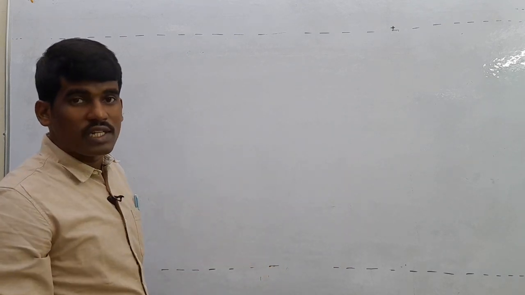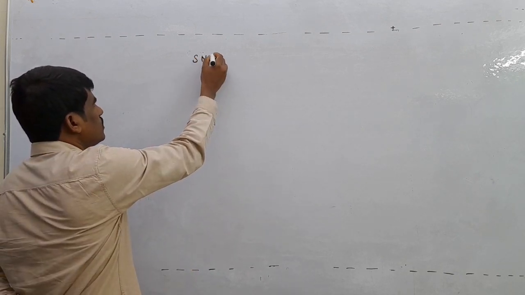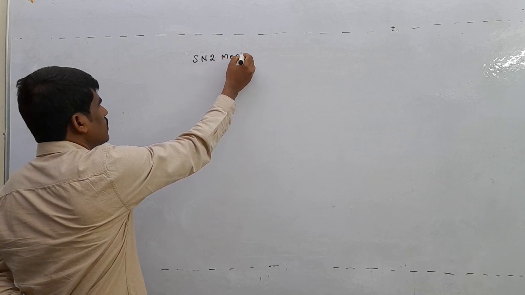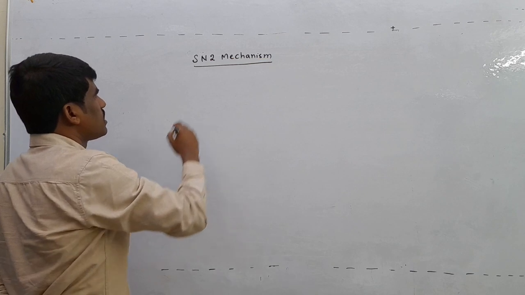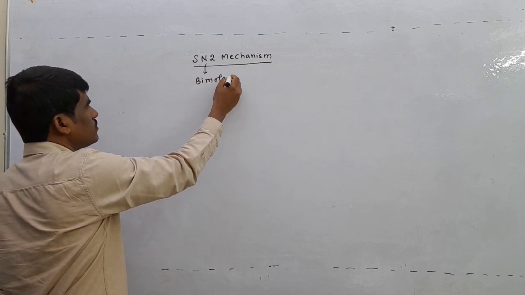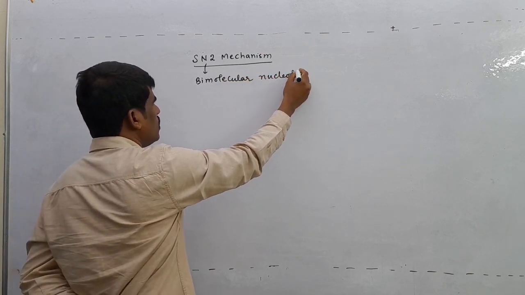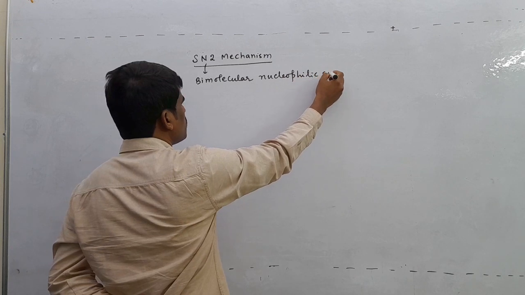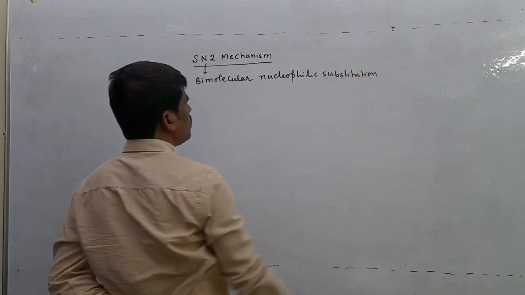Next we have the SN2 mechanism. SN2, where 2 means bimolecular: bimolecular nucleophilic substitution.